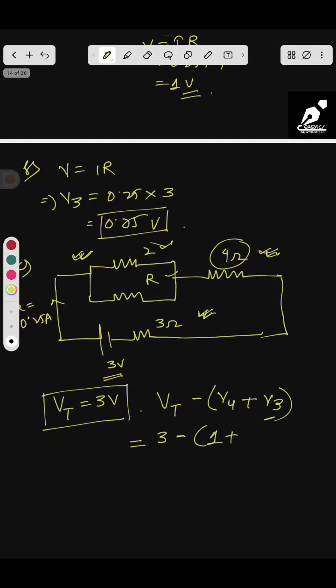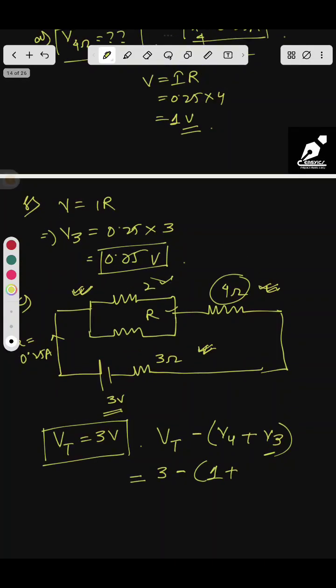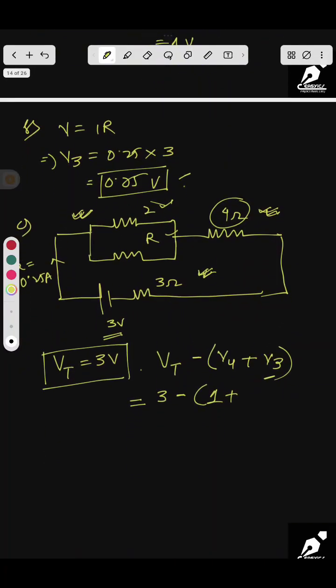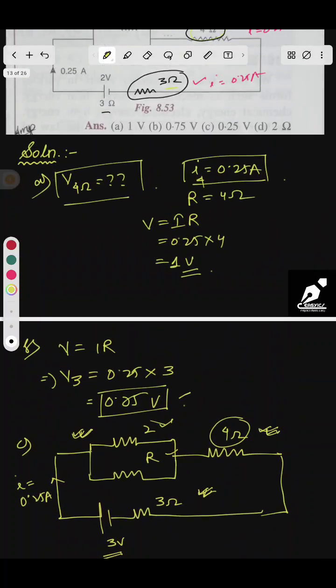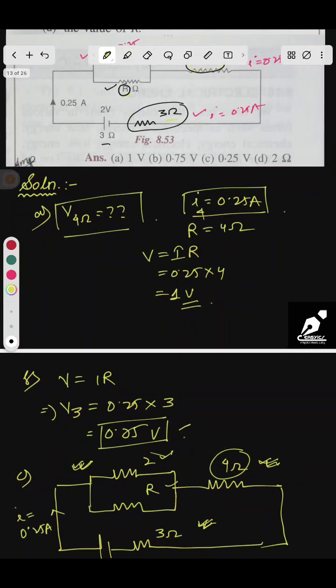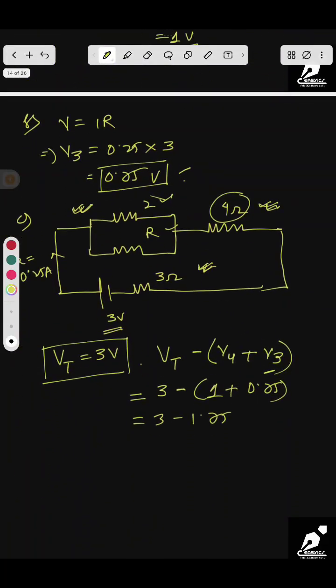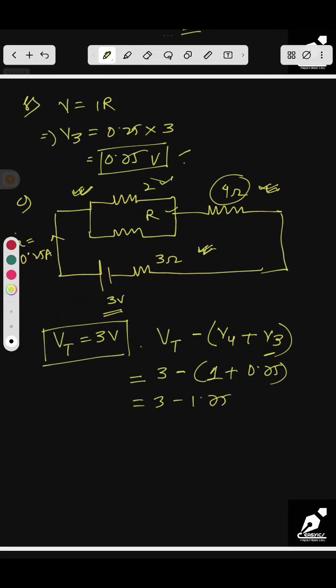And potential consumed by the internal resistance, just now I calculated it is 0.75 volt. So it is 3 minus 1.75, it will be 1.25. That's it.